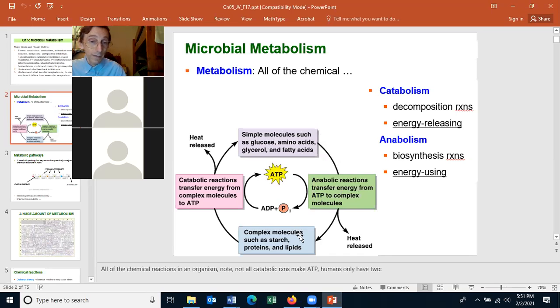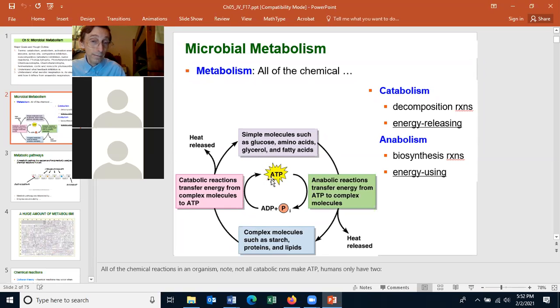An example of a molecule in your cells which, when it's broken down, does not generate ATP is when you take sucrose, that's simple table sugar, and break it down into glucose and fructose. The cell has no way of making ATP out of that.